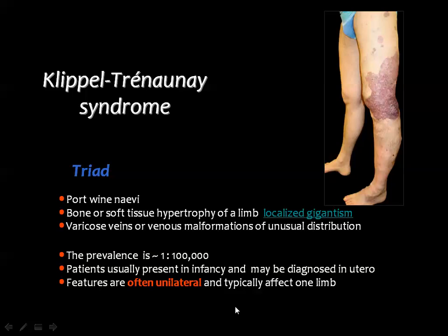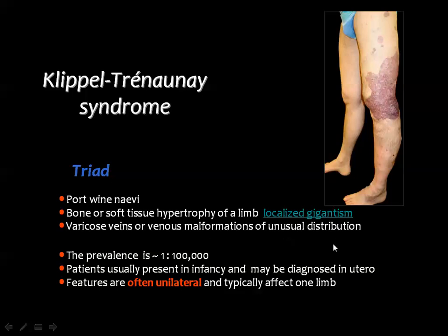Finally, the Klippel-Trenaunay syndrome is a triad of port wine nevus, like this one, bone and soft tissue hypertrophy of the limb, and you compare this limb to the opposite one. This is referred to as localized gigantism. Then varicose veins and venous malformations of unusual distribution.